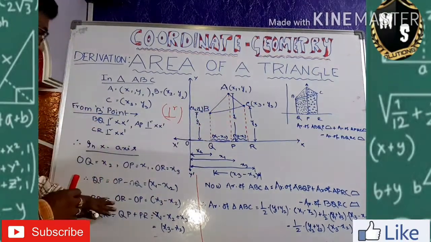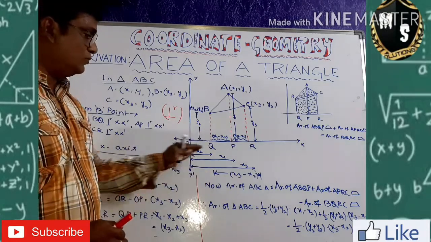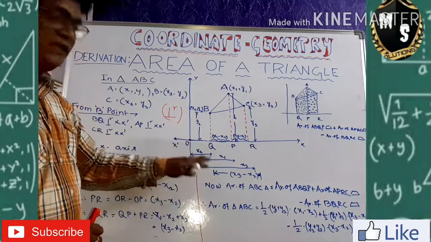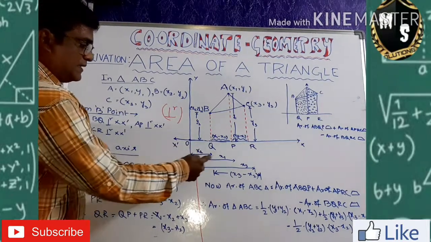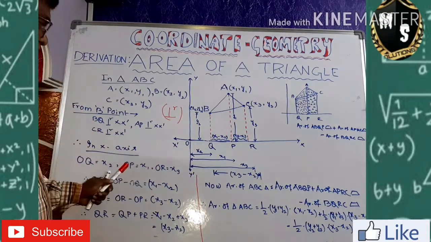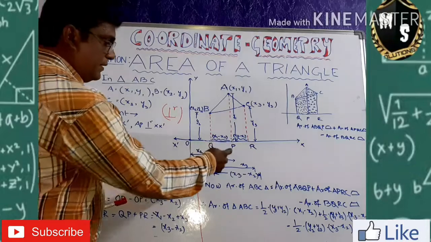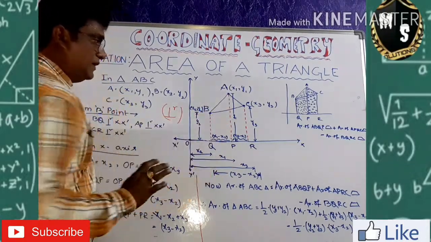Now you see, I go for the x-axis measurement. Just now I told you how to do the x-axis measurement. What is OQ in x-axis? This is x2. What is OP? In x-axis, this is x1. Very easy.